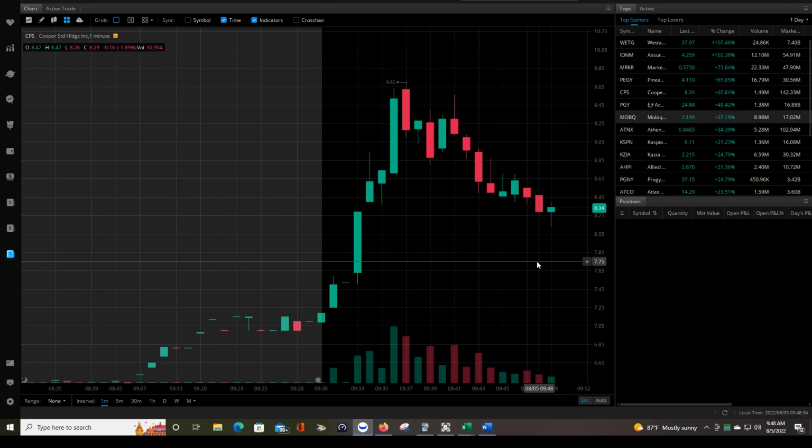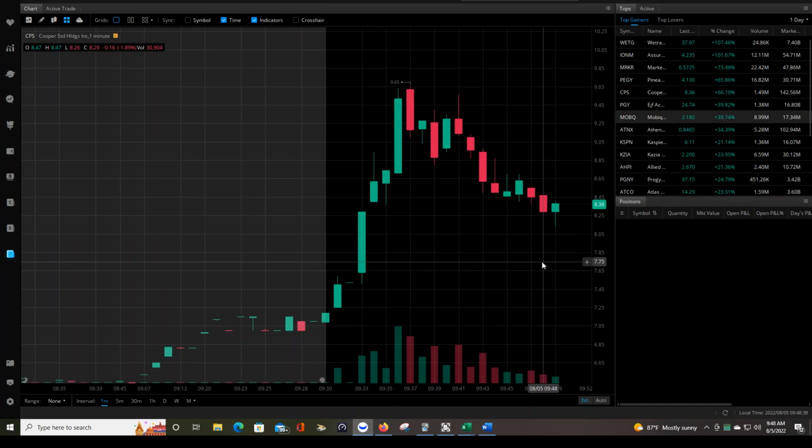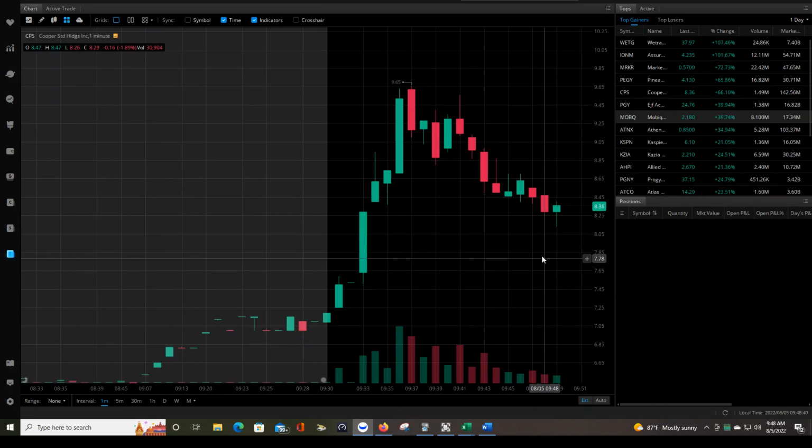These move fast, so I've got to be very focused here. 848 is what I'm looking for. 848 or higher, I should say. Or 841 in the next candle if this candle closes.